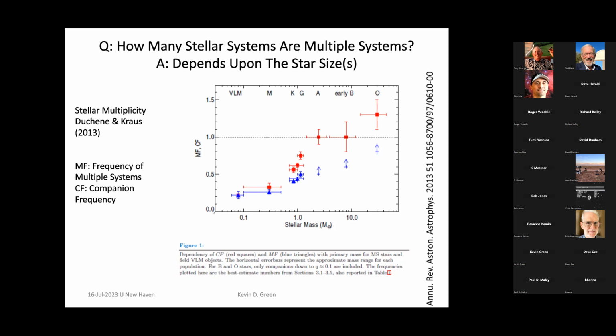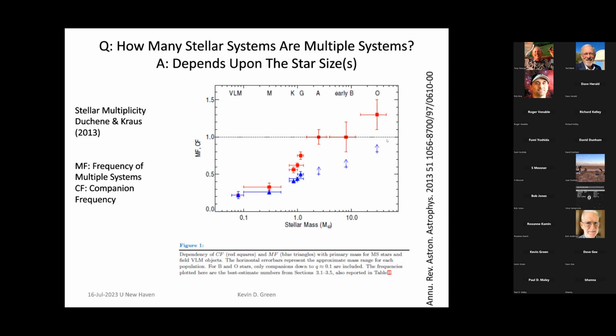And what are we plotting here? We're plotting the frequency at which something occurs versus the stellar mass of the system. And here's the solar mass right here, and it's like 50%. So that's kind of high. You go down to the smaller systems, they tend to be more loners.